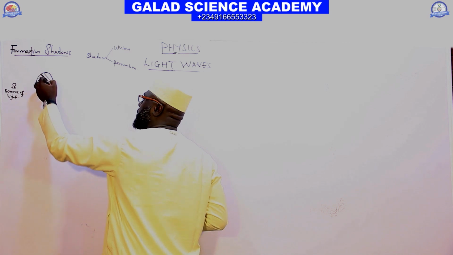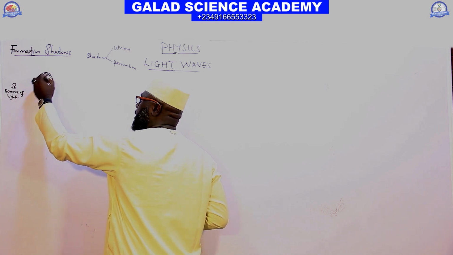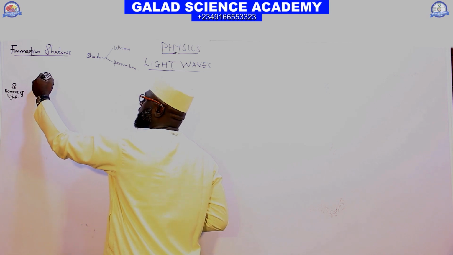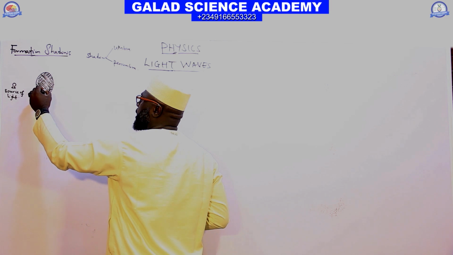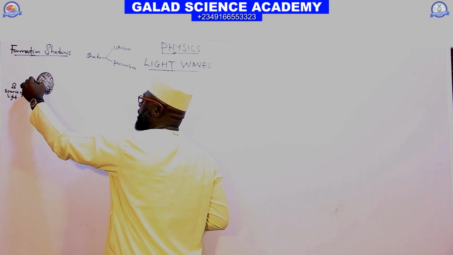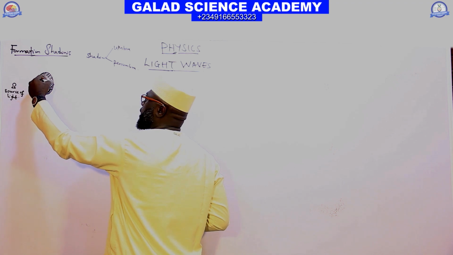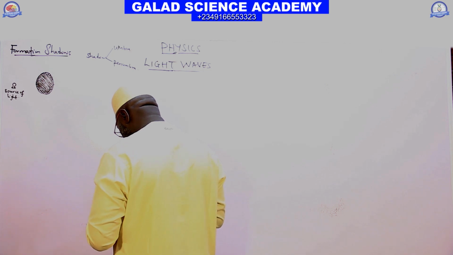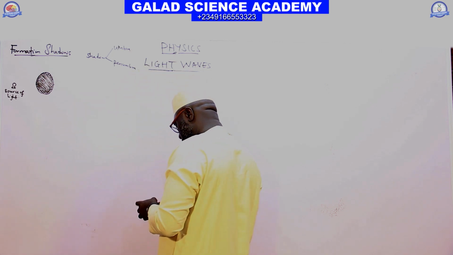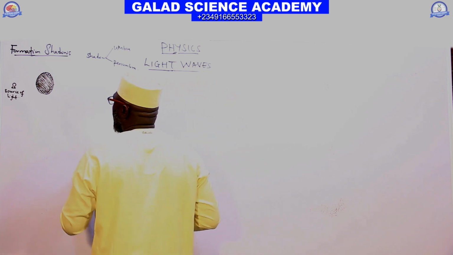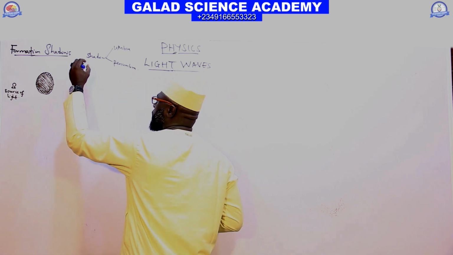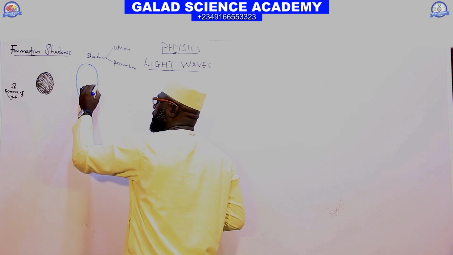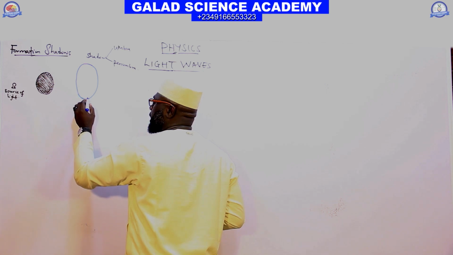Let me call it a black body. This is opaque. And at the back here, say this is the shadow.